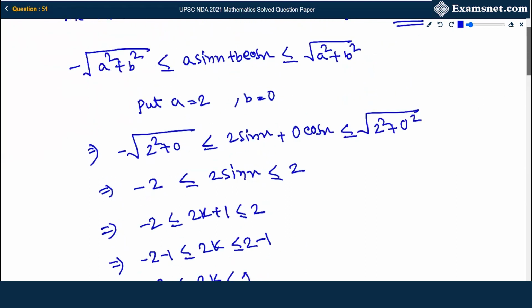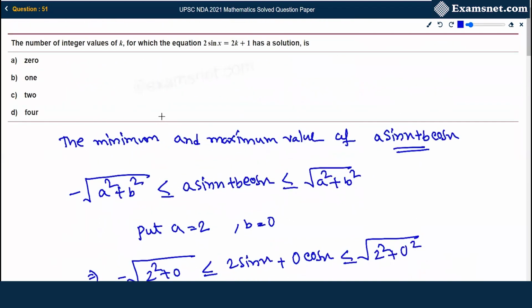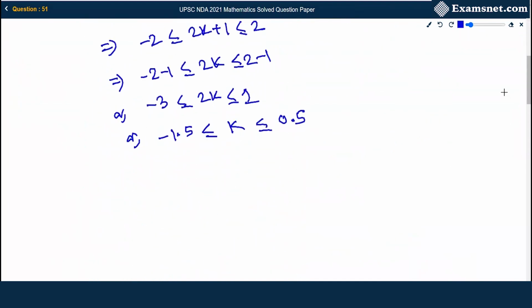Now look here, they have said the number of integer values of k. So the value of k should be an integer, correct? So in this interval, only 0 and minus 1 are integers, and there are no such integers other than these. Therefore k equals 0 and minus 1.